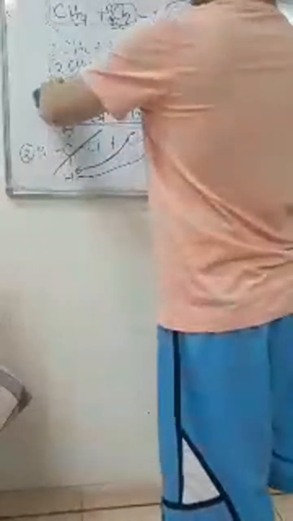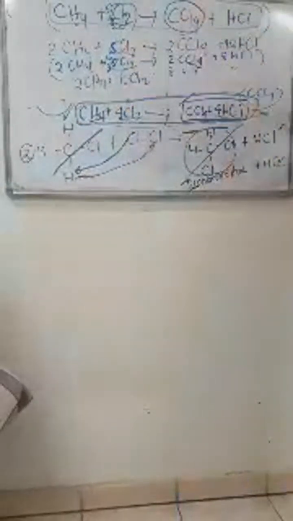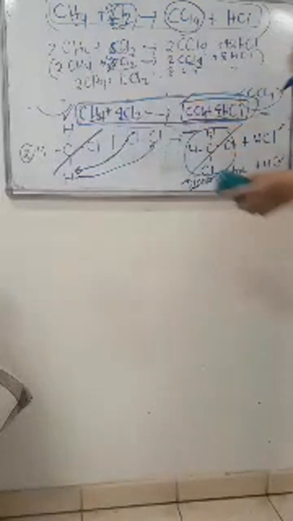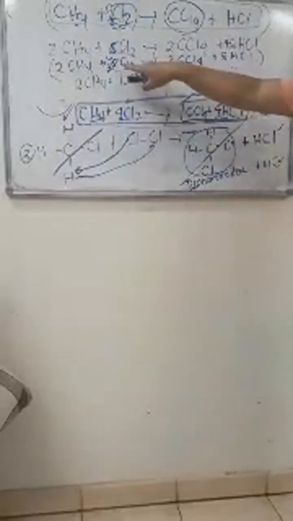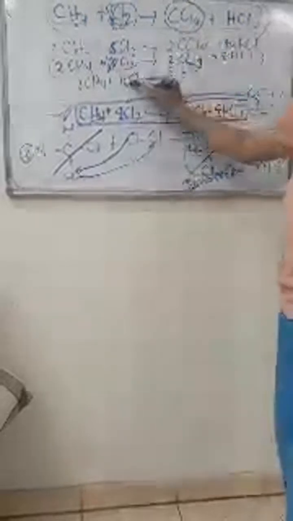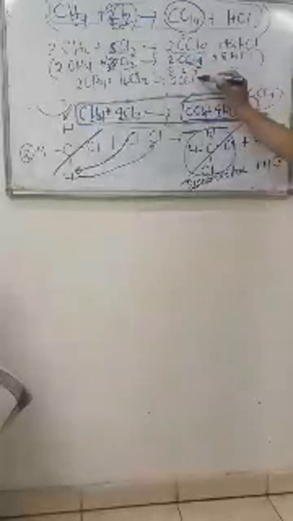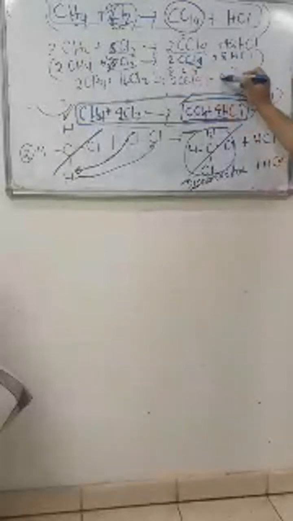Get the point? Unless there's no 5 here, we need to multiply the whole thing by 5. But there's 5 here. So 16 over 5 times 5, cancel the 5, 16. So 16 moles of Cl2 is equal to 2 moles of carbon tetrachloride plus 8 moles of HCl.